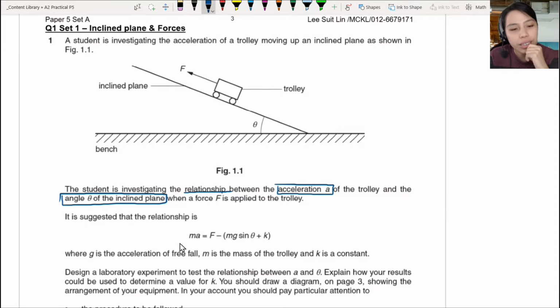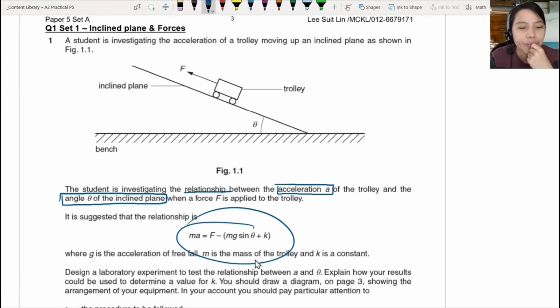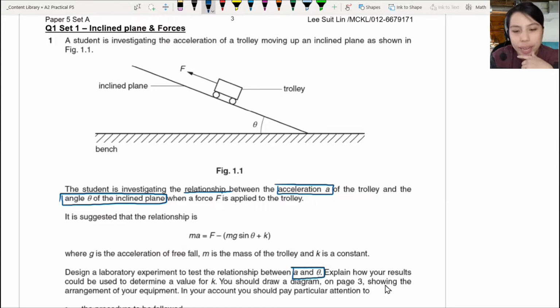It's suggested that the relationship is this. Question is, is this equation legit or not? Is it fake? Is it real? How do we know? We need to design a lab experiment to test the relationship between the 2 variables a and theta. Explain how our results can, number 2, most important thing, determine a value for k.